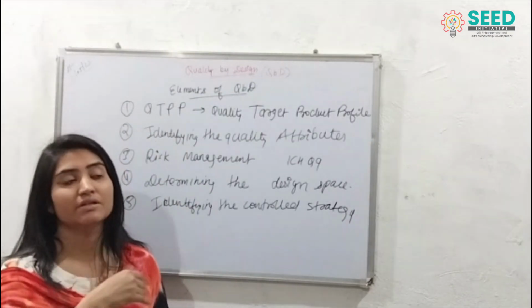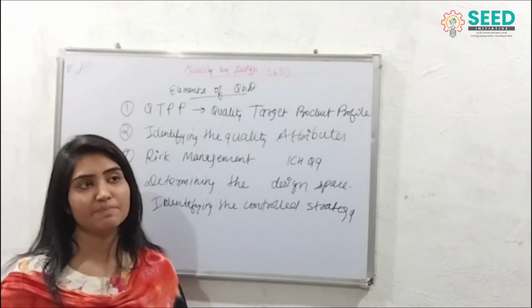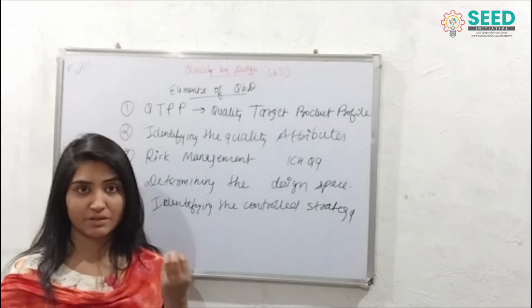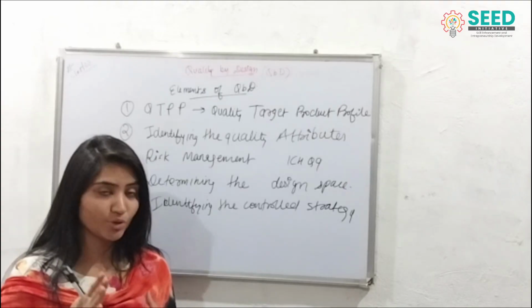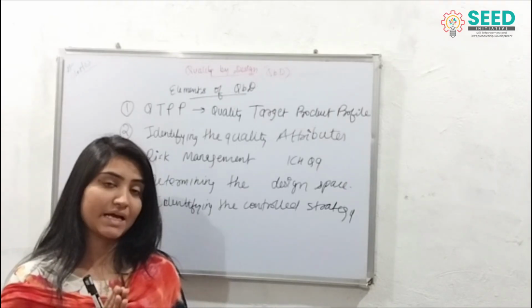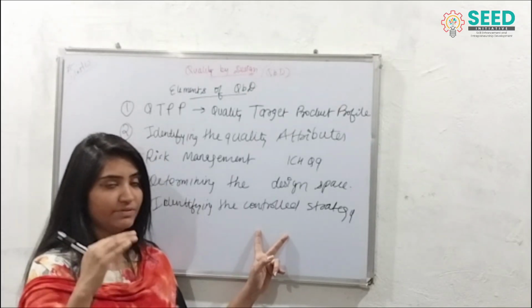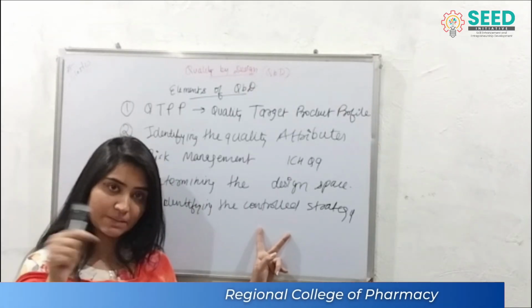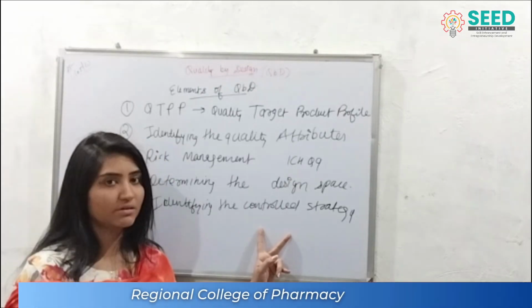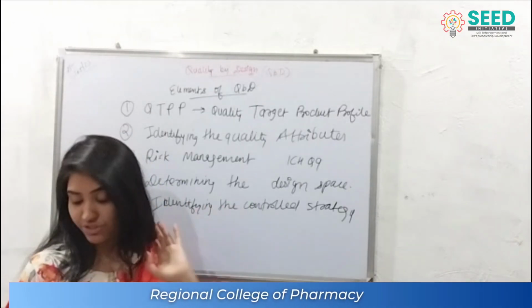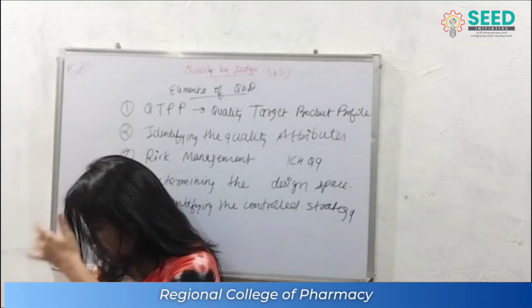If there is a specific limit on the amount that can be added, the drug content, the API, the percentage of impurity, it has to be limited. So we have to control that, we have to approve at every step, assure, and then go forward. So that is called identifying the control strategy, right?